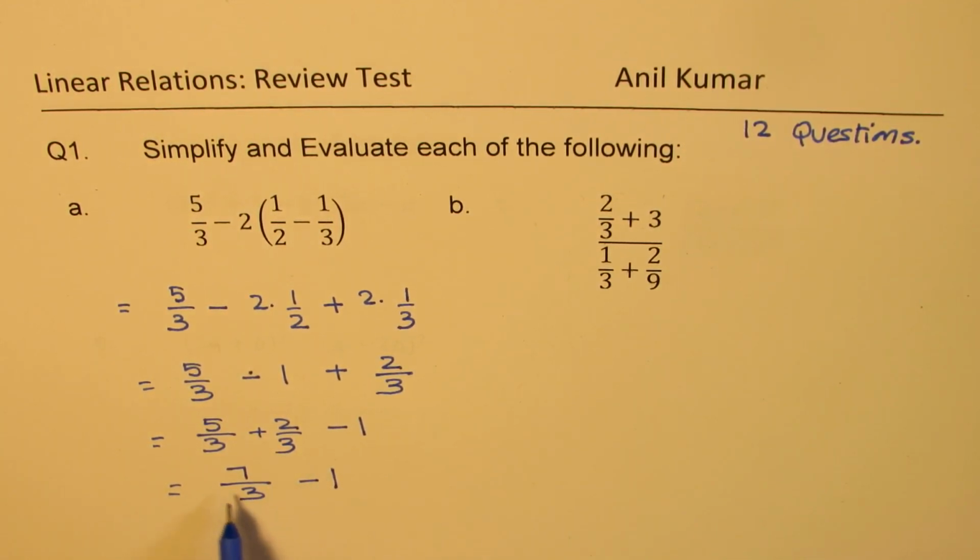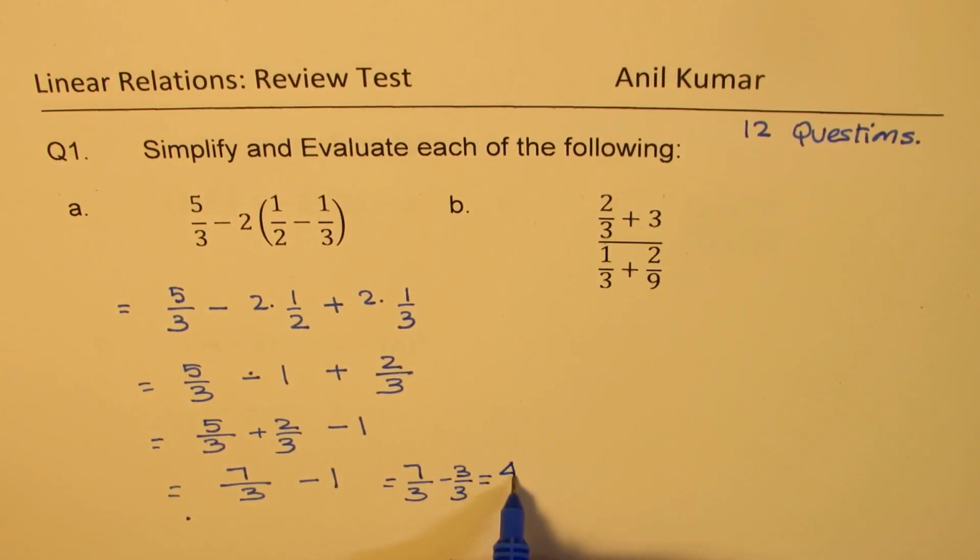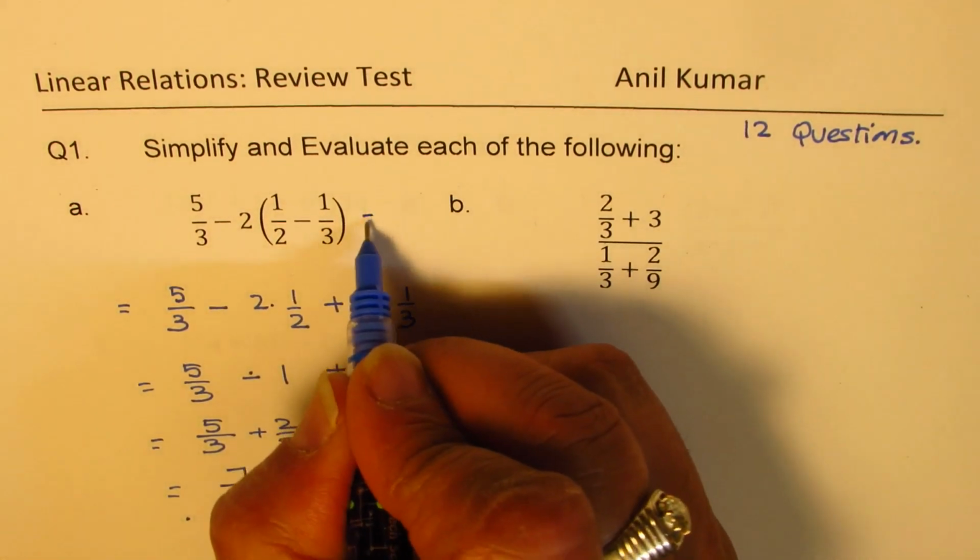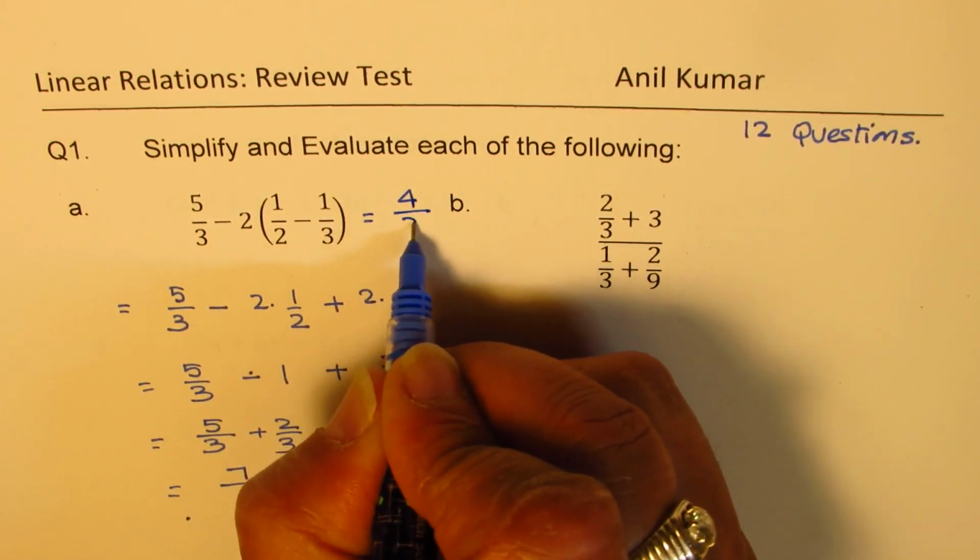Now, to do this, we have to take a common denominator. 1 could be written as 3 over 3. So we could write this as 7 over 3 minus 3 over 3, which gives us 4 over 3 as the answer. Perfect.